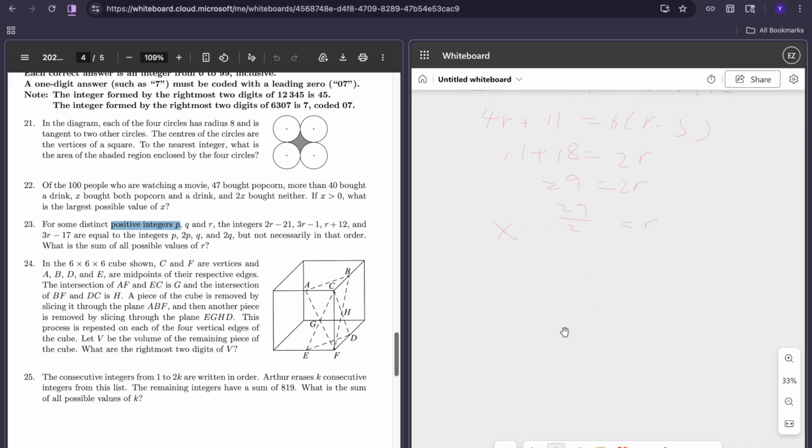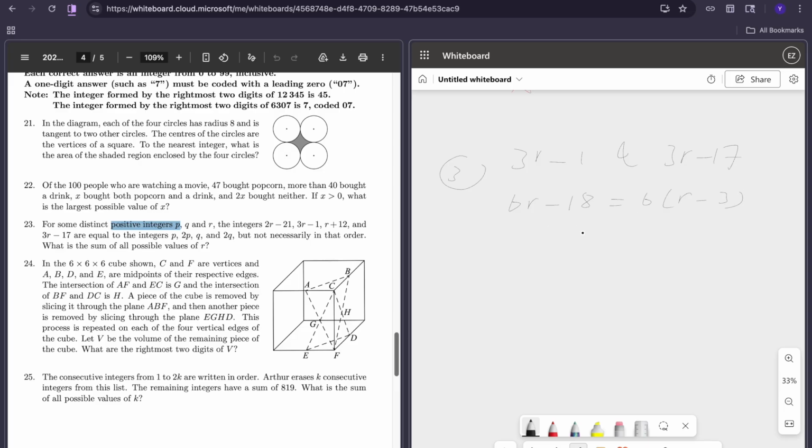So we come to our third case, where 3r minus 1 and 3r minus 17 might be the two biggest. So we get 6r minus 18 equal to 6 bracket r minus 3.